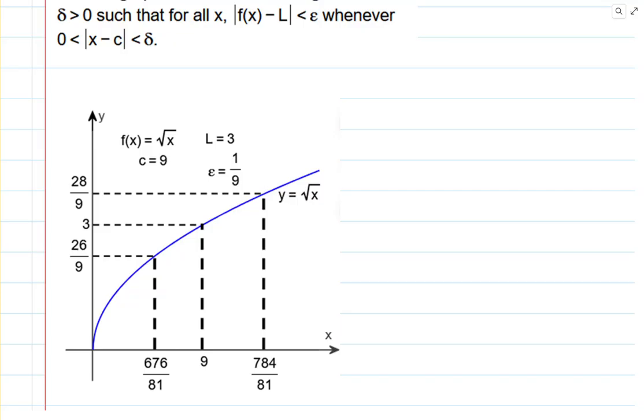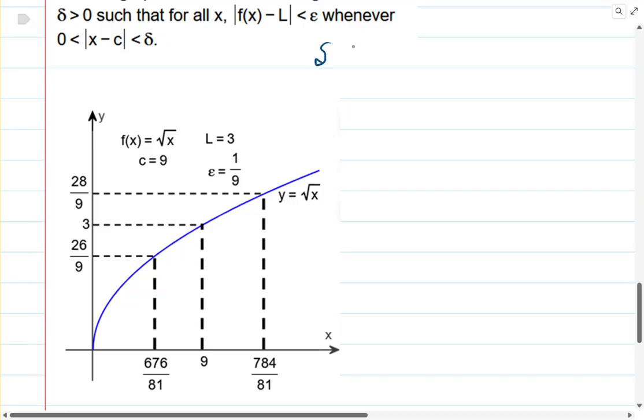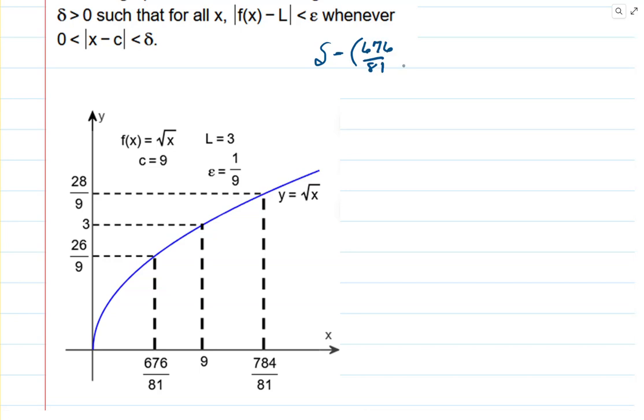Now, in my notes, I worked it with the epsilon and then with the other, but trust me, these are correct. So we're talking delta, and our largest delta lies somewhere in between this interval.